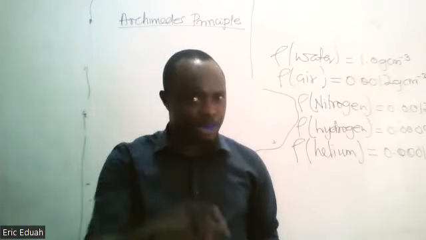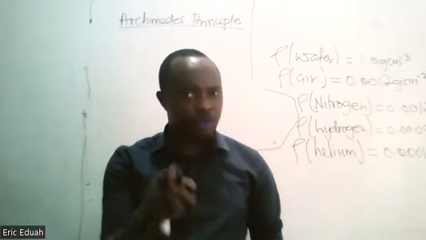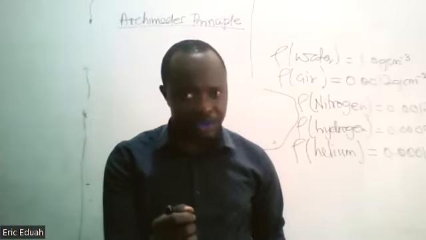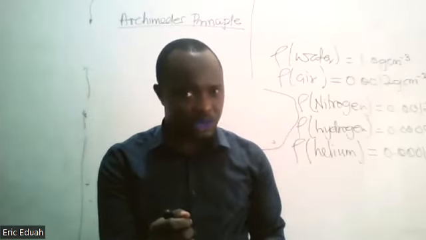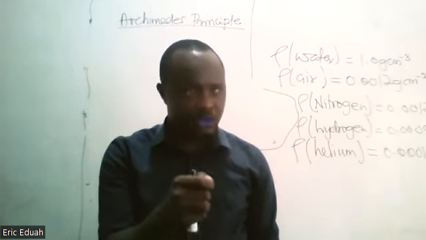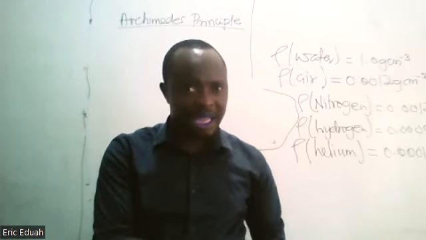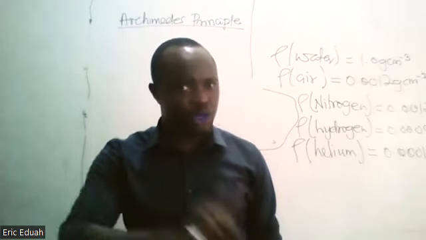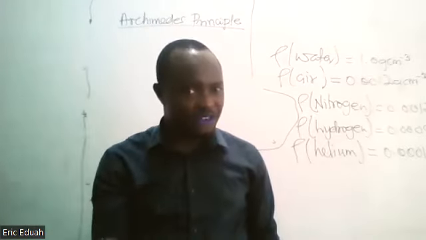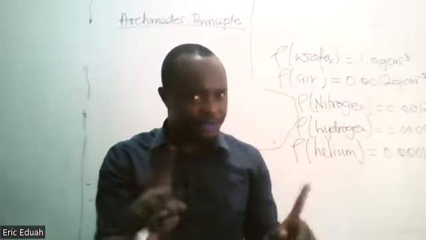This is connected to the experiment you just described. If you want to determine the volume of an irregular object, you tie the object to a thread and lower it gently into water in a beaker. You denote the initial volume, then denote the final volume. You subtract. So it's the same thing.